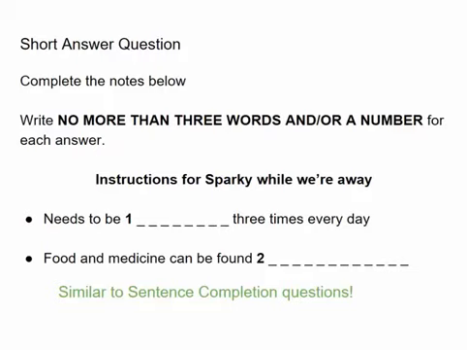So you're not finishing a complete sentence with your short answer. These are phrases. They can be short phrases or longer ones like those in questions 1 and 2, but they are not complete sentences. That's really one of the only things that differentiates this type of question from a sentence completion question.